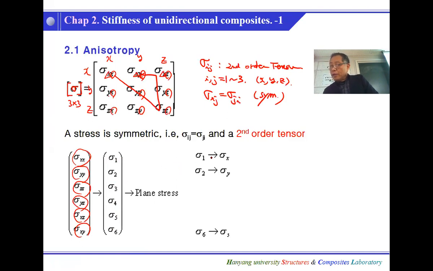And now this is 3D. What if we would like to consider only 2D? Well, then certainly this is sigma xx, yy and xy.